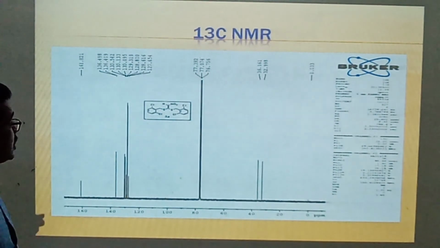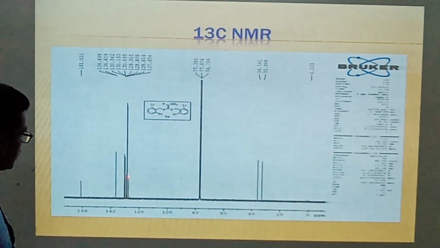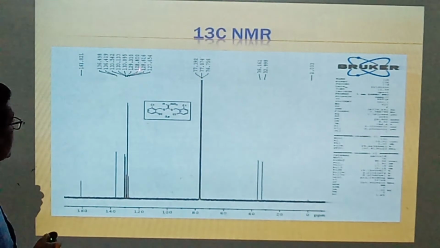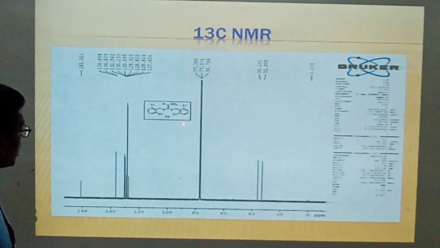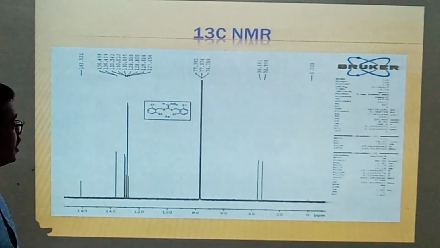Here this is for CDCl3, and here 127.63 is assigned for the olefinic CH carbon. And then if you look at the aromatic carbons and the quaternary carbon, the quaternary carbon present here appeared in the range of 161 ppm.